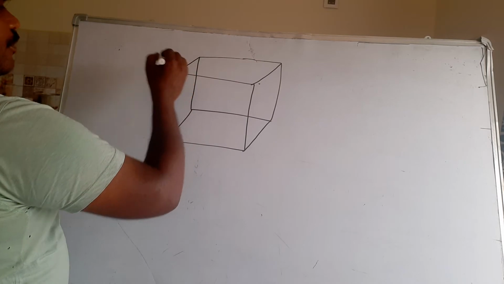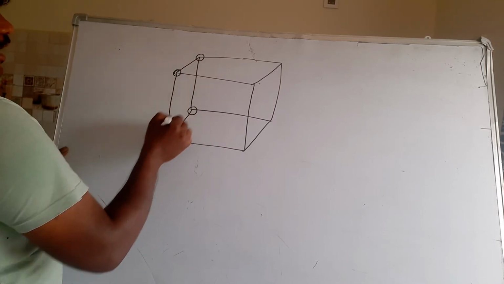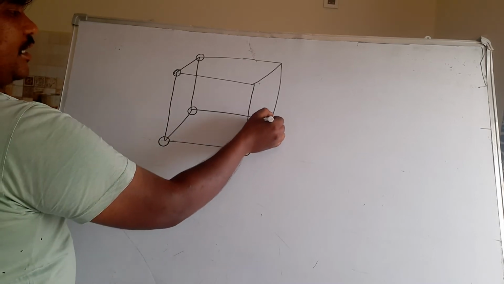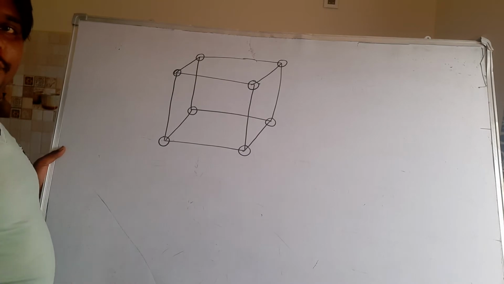It is a simple cubic unit cell. Yes, 1, 2, 3, 4, 5, 6, 7, 8 lattice points are there in simple cube.